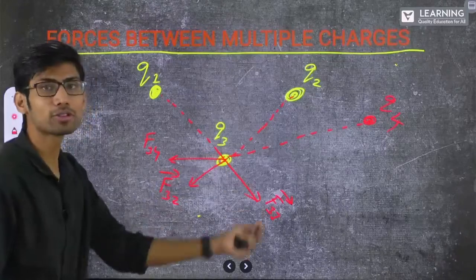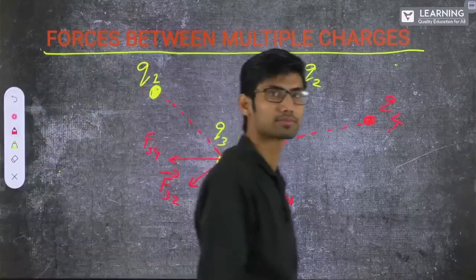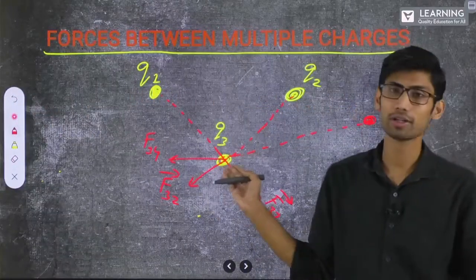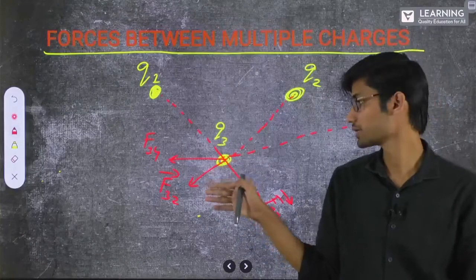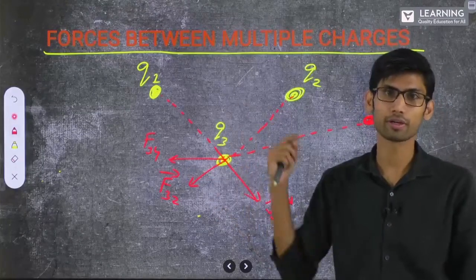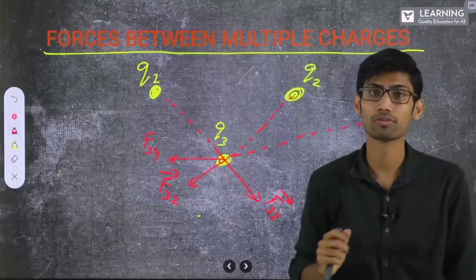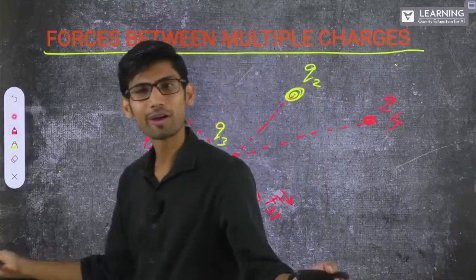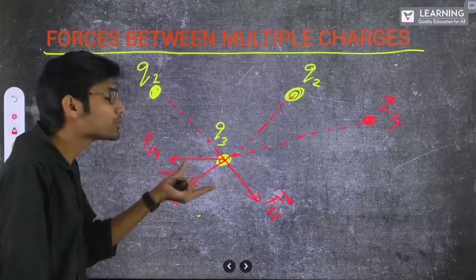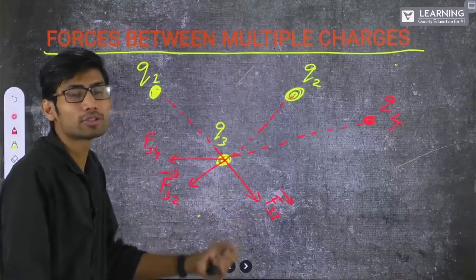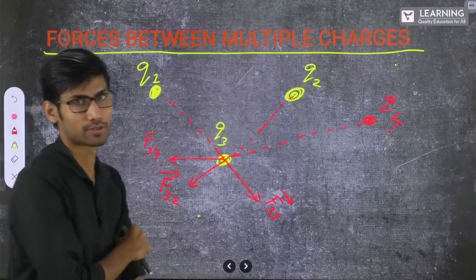What is the net force on this charge? If a body is experiencing 3-4 kinds of forces in different directions, what do we do for the net force? Vector sum. So the net force will be the vector sum of all the forces experienced by this particular charge. Clear?